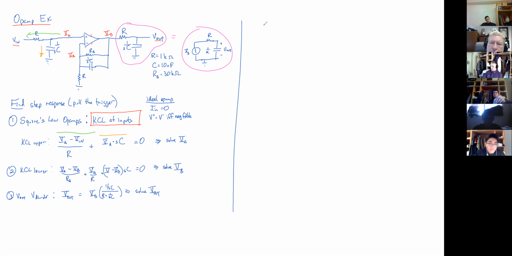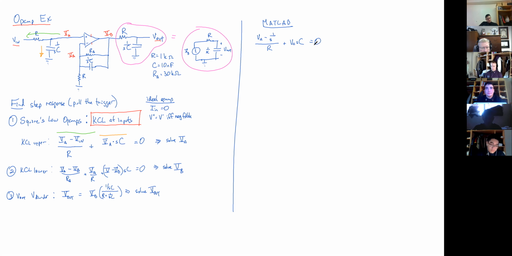All right, let me show you some magic. It's time for a magic trick. Wouldn't it be great to solve something like (VA minus 1 over S) all over R plus VA times S times C equals 0?